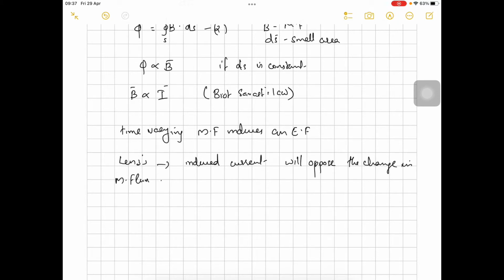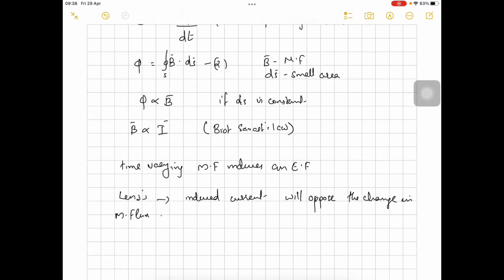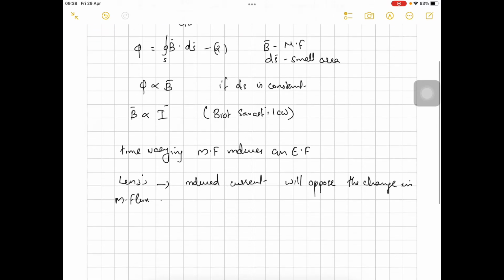So the induced current will try to reduce the current flow. Initially there was a current which is increasing, and that results in an increase in magnetic field, and that increase results in a change in magnetic flux, which results in an induced EMF. This induced EMF induces a current, and that current opposes the increase in the initial current.